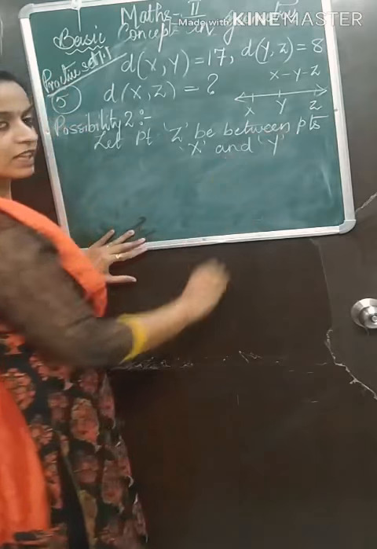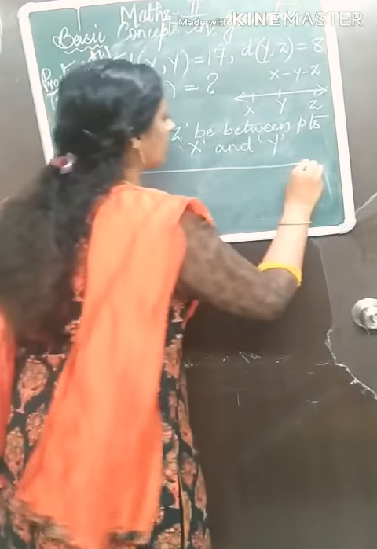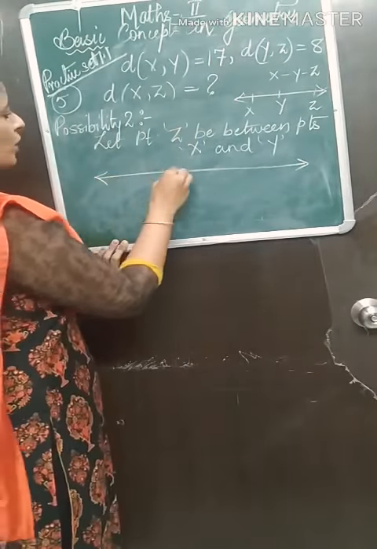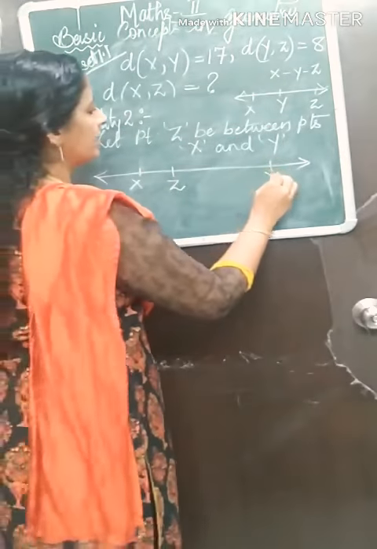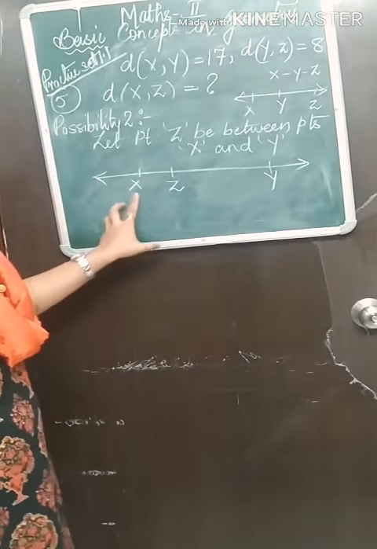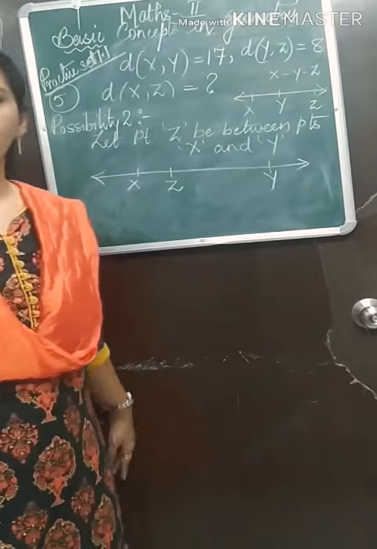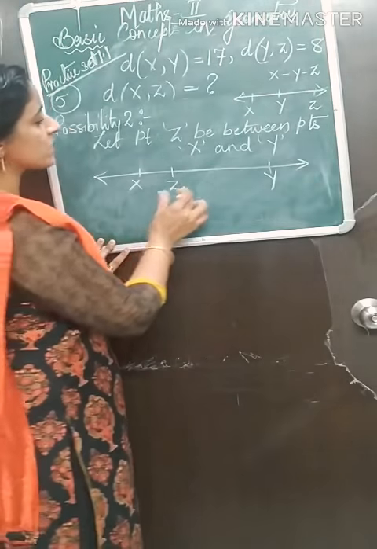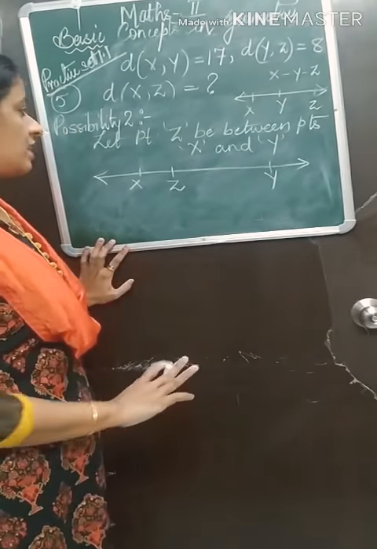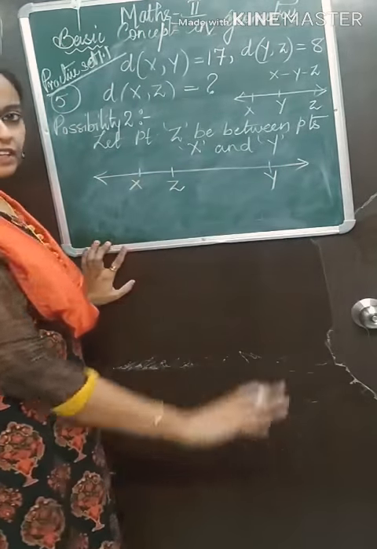How will the line look? The line will be like this, where point z is between x and y. Anyway, you can show the points. I have shown it far apart so that you don't misunderstand that x plus z is equal to, no, it's not like that. Let z be between x and y.